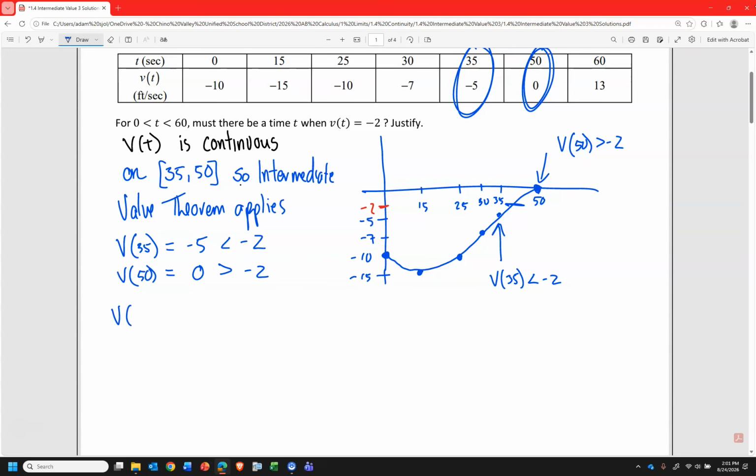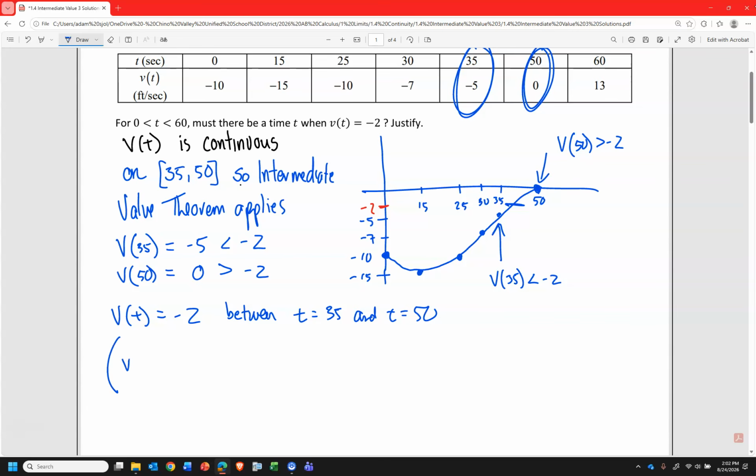And then I'm going to say, so v of t must equal negative 2 between t equals 35 and t equals 50. The way I would normally write that is not the words, but I'm assuming you might need help.